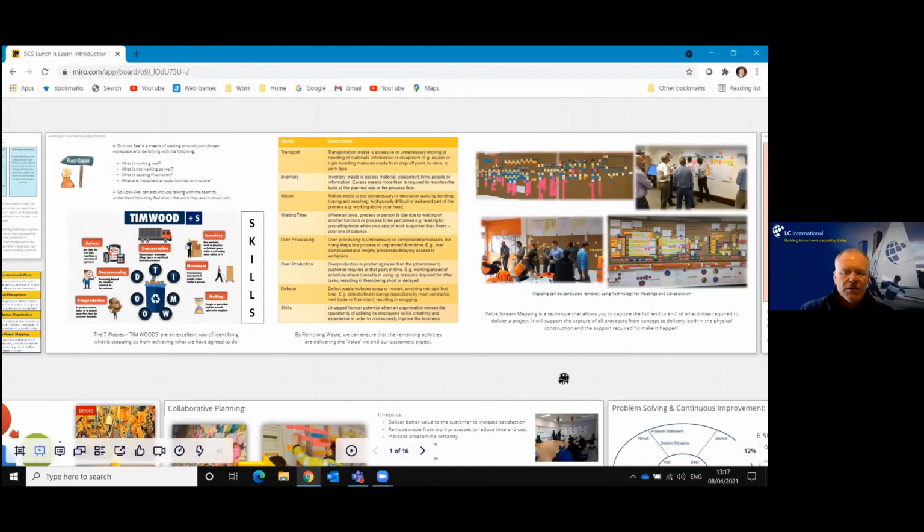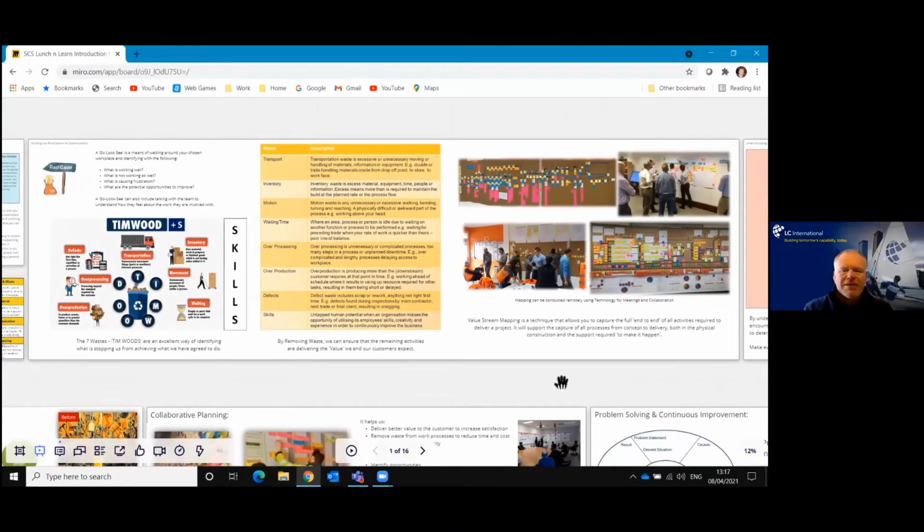And then finally, the value stream mapping. The value stream mapping is the art of capturing things in one place so we can share that across the supply chain and get them involved in where their frustrations are and what actions they need to take to make their process more efficient through the end-to-end of that project.